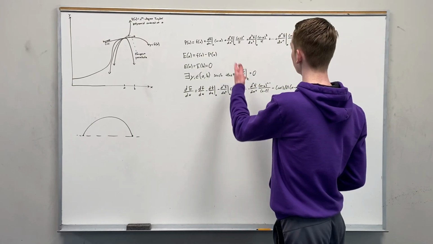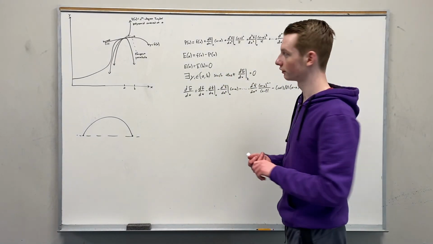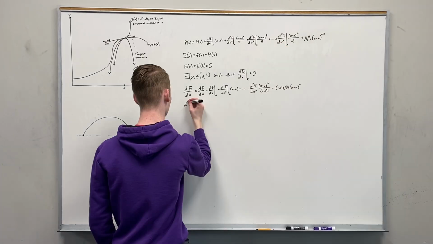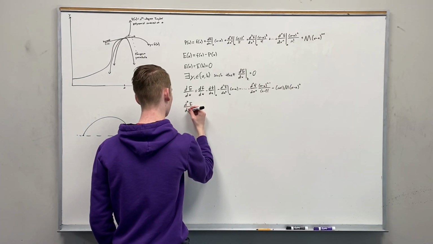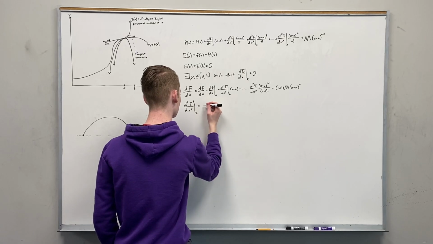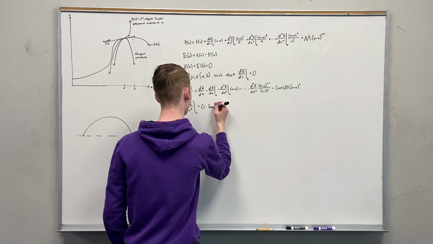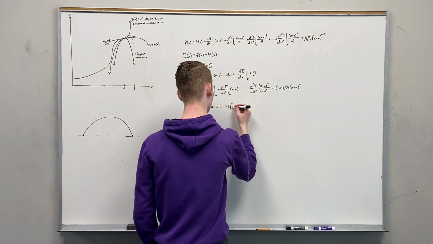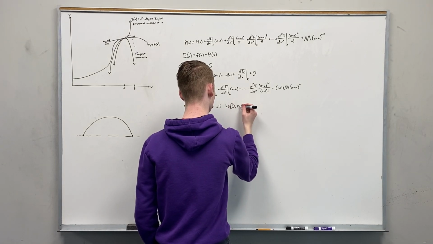Right? And you can see how the same would hold for the third derivative and the fourth derivative and all the way up to the nth degree derivative. Our kth derivative of E at a is going to be 0 for all k between 0 and n.